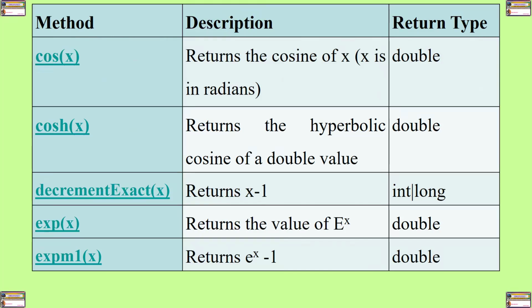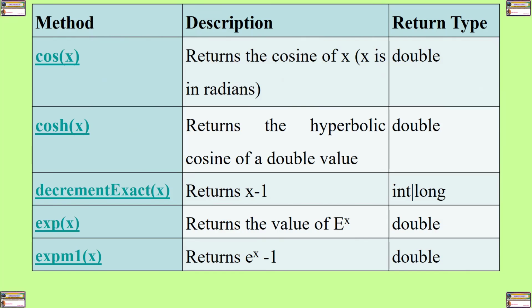Cos, if you pass a value to cos, it will return the cosine of that value or that variable. So x is usually in radians. The data type it will return is type double. Cosh is a method which, when you pass a value to it, will return the hyperbolic cosine of a double value.